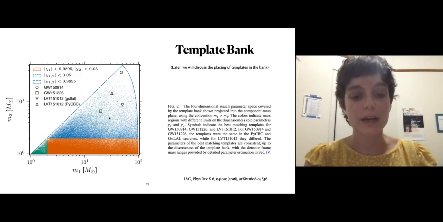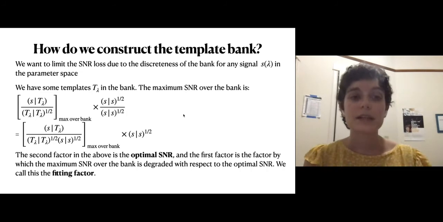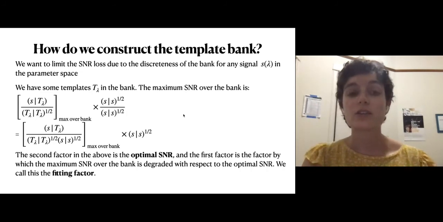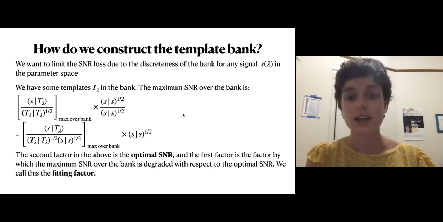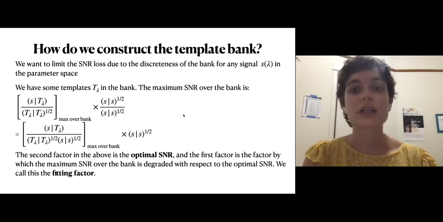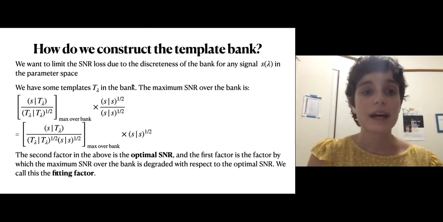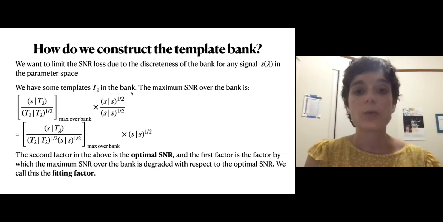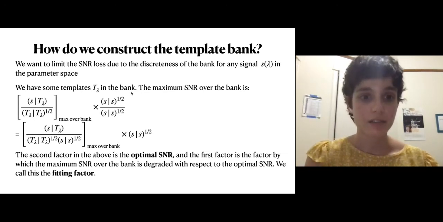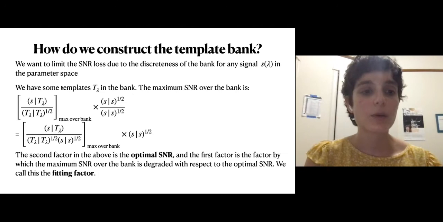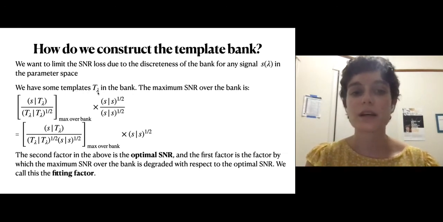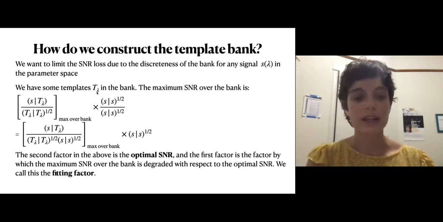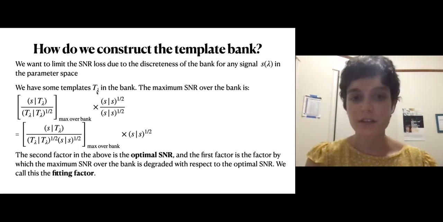And what do we mean by close? What we mean is that we want to limit the signal to noise ratio loss that we incur due to the fact that we can't possibly cover every combination of signal parameters in the universe. We want to limit that SNR loss so that we don't lose too many events. So when we have some templates denoted by their different parameters, lambda, and again, this lambda can be the M1 and the M2, it also is the spins of the black holes.